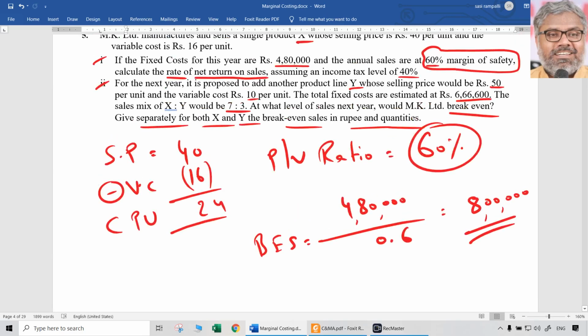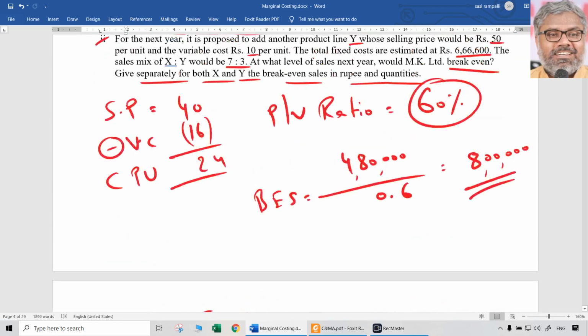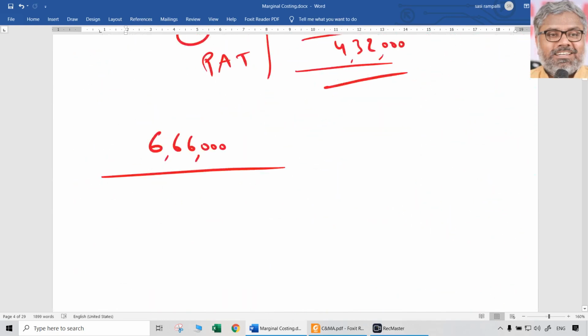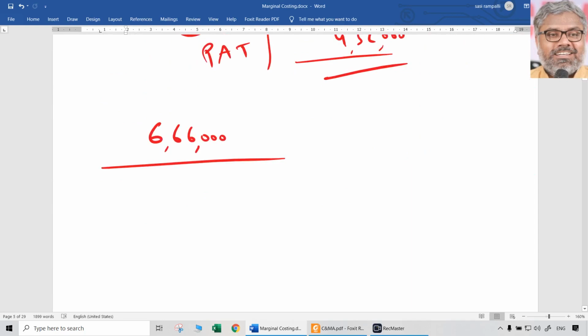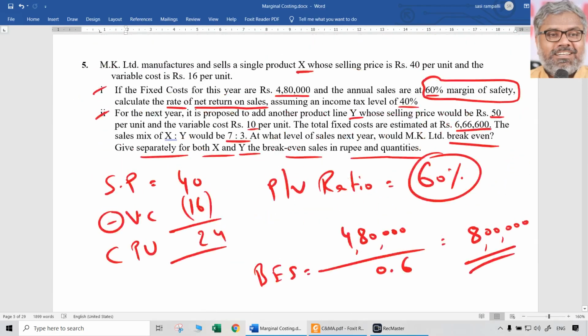Already we have the contribution per unit for product X. Now we need to find out the contribution per unit for product Y. How much is that? 50 minus 10, that is 40. We have to calculate separately for each product. Then we have to find out the composite contribution per unit. So product X, what was the contribution per unit according to the data given?